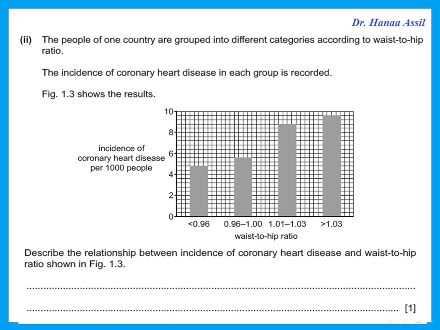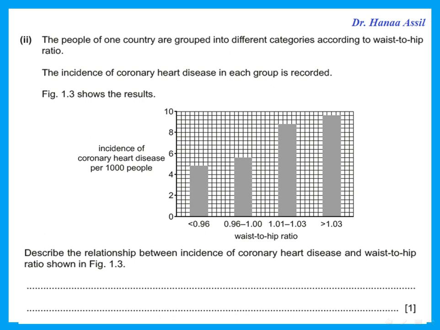The people of one country are grouped into different categories according to waist to hip ratio. The incidence of coronary heart disease in each group is recorded. So he's comparing the waist to hip ratio to the incidence of coronary heart disease.